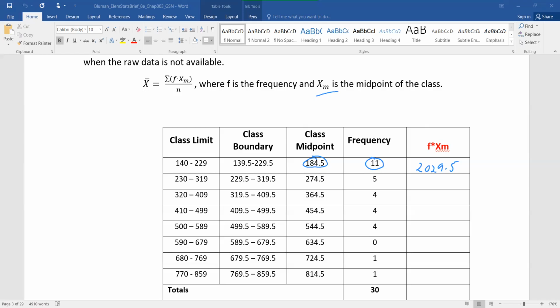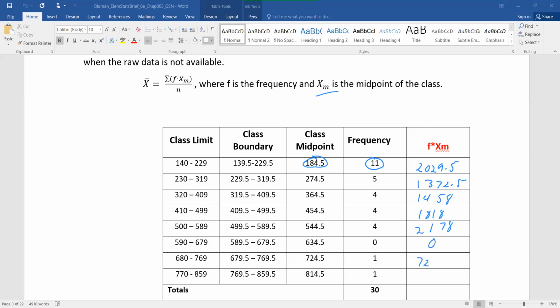Are we stuck on the second one? Oh, what's the second one? What's the next one? Next one? What's this last one? Or this next one, sorry. Oh, that one's hard.